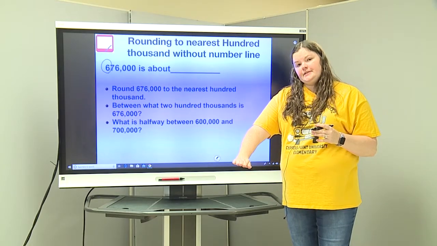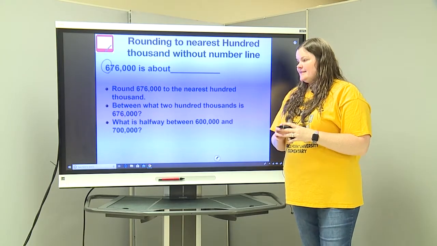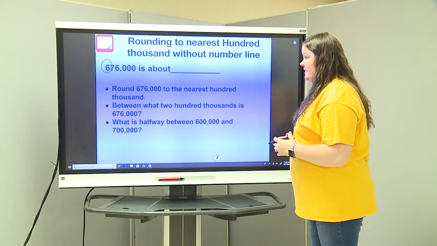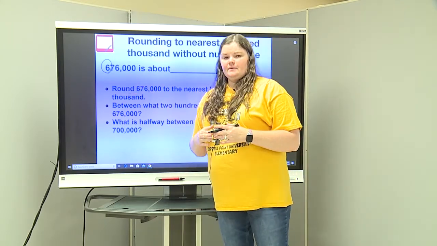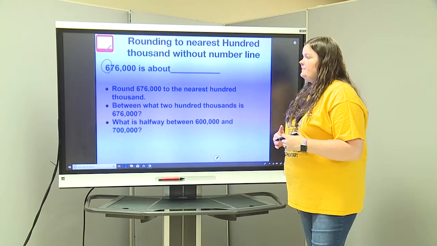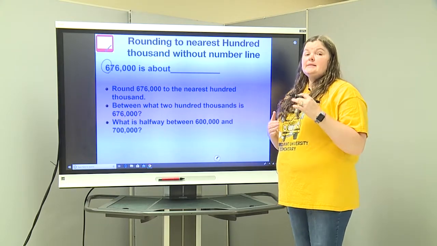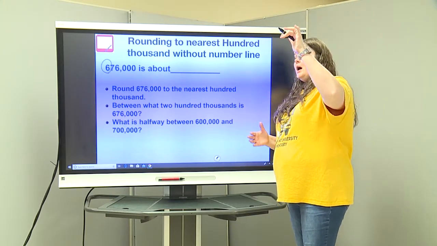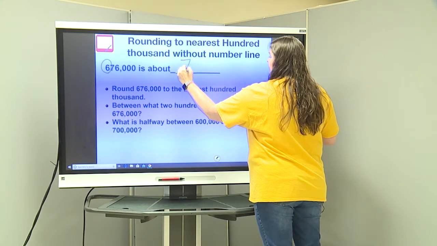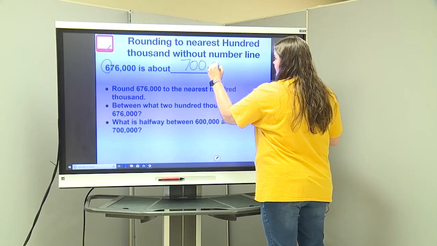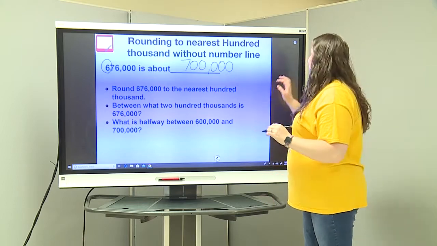The bottom is 600,000, the top is 700,000. The midpoint would be 650,000, right there in the middle. So where can we put this number? 676,000. If our midpoint is 650,000, 676,000 would go above that midpoint. If it goes above the midpoint, it rounds up. So this one would be about 700,000.